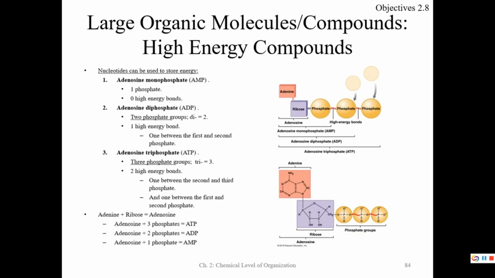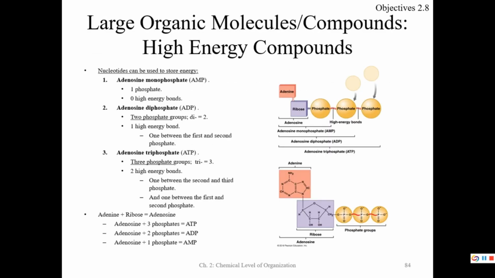All right. Last thing we're going to talk about is ATP, and then we're done. Okay. ATP is a high energy compound. We're going to talk about adenosine triphosphate. But we want to start off with adenosine monophosphate. It has one phosphate, no high energy bonds on it. If we add a phosphate to that, we get 2 phosphates, called adenosine diphosphate.